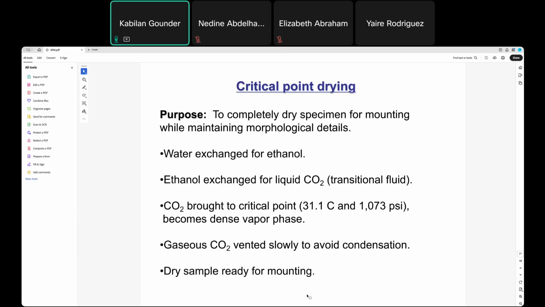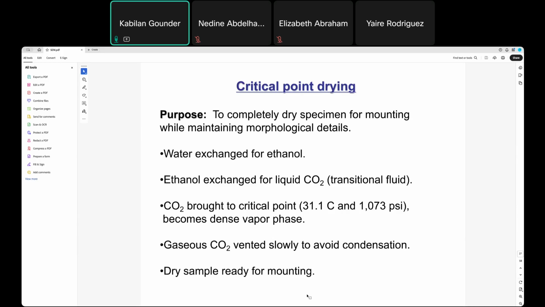Here, we are not taking any sections. We just process whatever samples we have, and we can use them to visualize the surface of the samples.